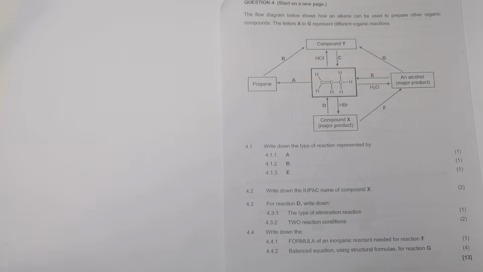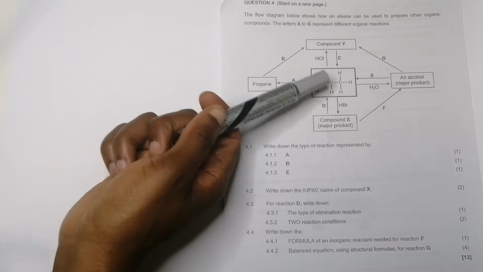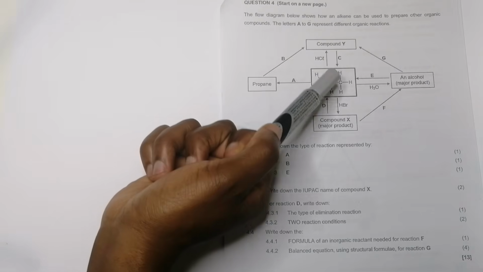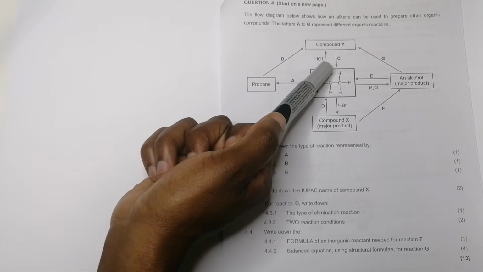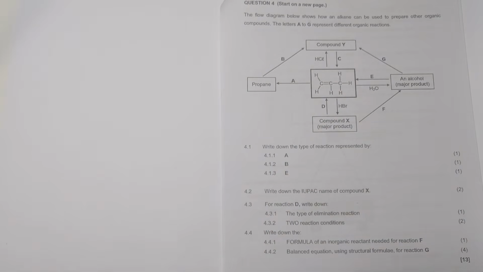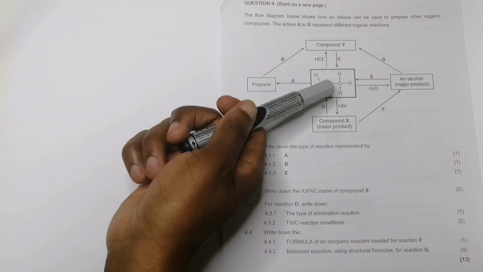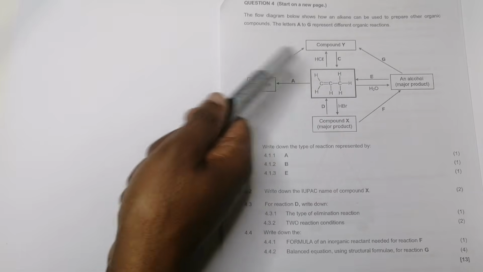Looking at reaction B, first of all, we don't know what compound Y is. However, if we take that alkene and react it with hydrogen chloride, what happens? We would actually follow Markovnikov's rule here. You'd be adding hydrogen and chlorine, and the question is which one goes where?